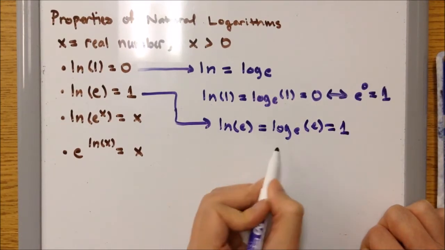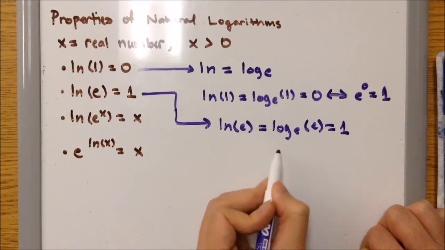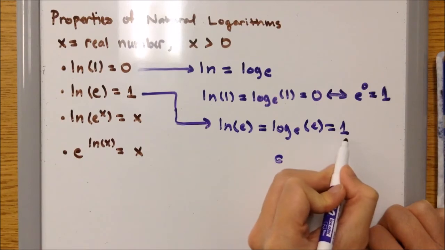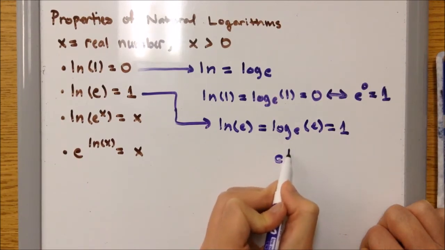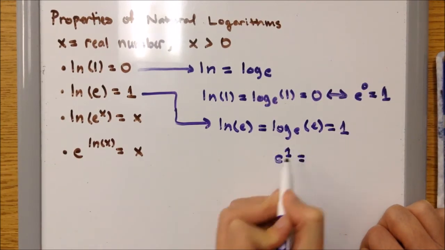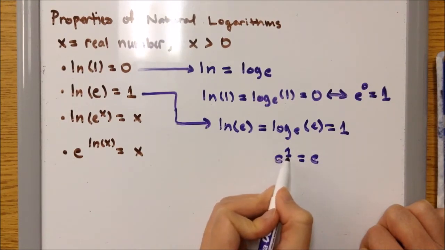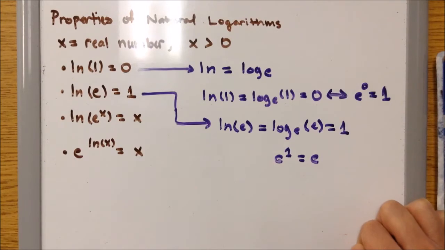So if I were to convert that into exponential form, I use the base e, whatever it equals, as the exponent. So e to the 1 power is just simply e. So anything powered by 1 is itself.